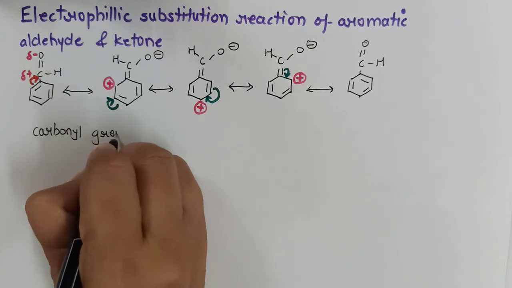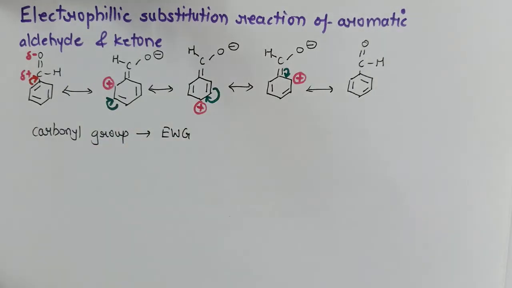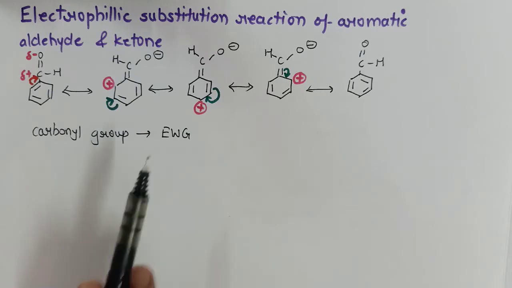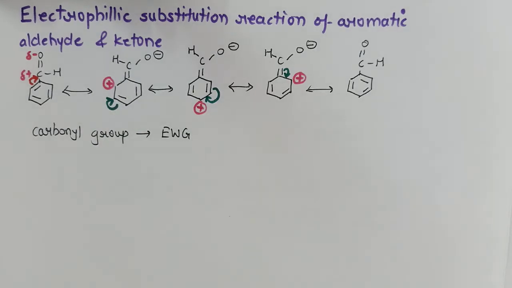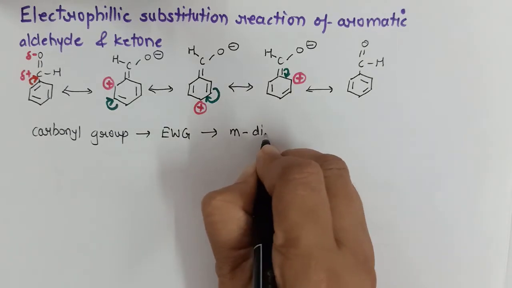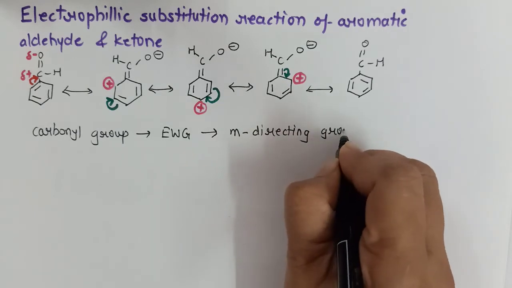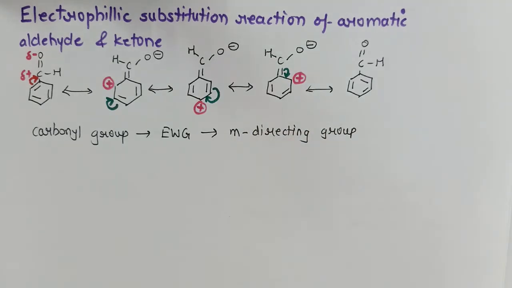Carbonyl group is an electron withdrawing group. So what happens? The electron density increases at ortho and para position, and therefore I will say now it is a meta-directing group. So whatever electrophilic substitution we carry out, the electrophile will attack at meta position.